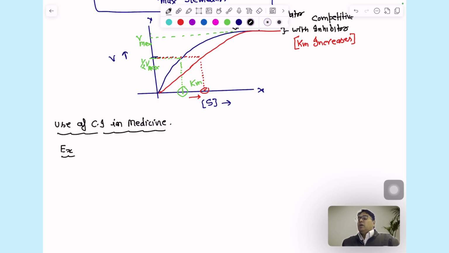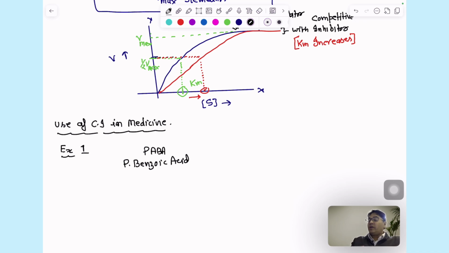There are certain anti-metabolite or chemotherapeutic drugs which are used as competitive inhibitors. Example 1. First, we have p-aminobenzoic acid. Usually we call it PABA.